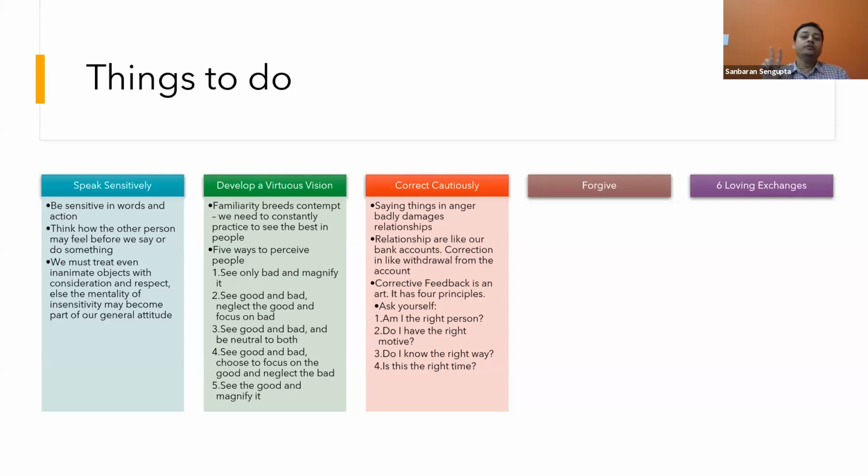Second, if you're the right person, do you have the right motive? Yes. Sometimes it happens in offices, and obviously it happens in many relationships, that the motive is not right. We are biased by our envy towards the person.